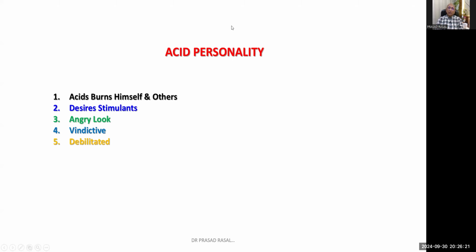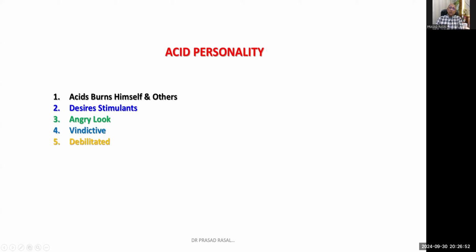From an active, happy stage, they go into the exact opposite state. Phosphoric acid is a good example. As phosphorus, it is an absolutely happy, energetic, lively person. And when the phosphoric acid stage comes, the debilitated state, it is exactly the opposite. These are common characteristics of the acid personality, which you can see very easily.